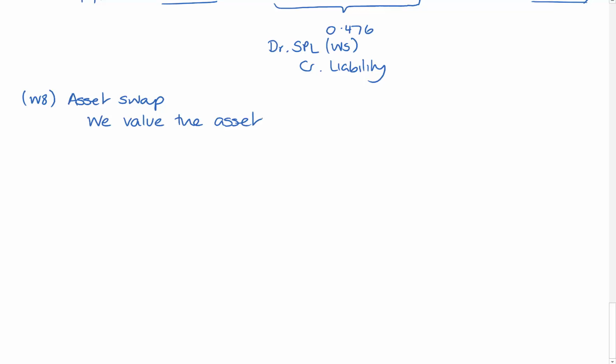We value the asset acquired at the fair value of 6 million.